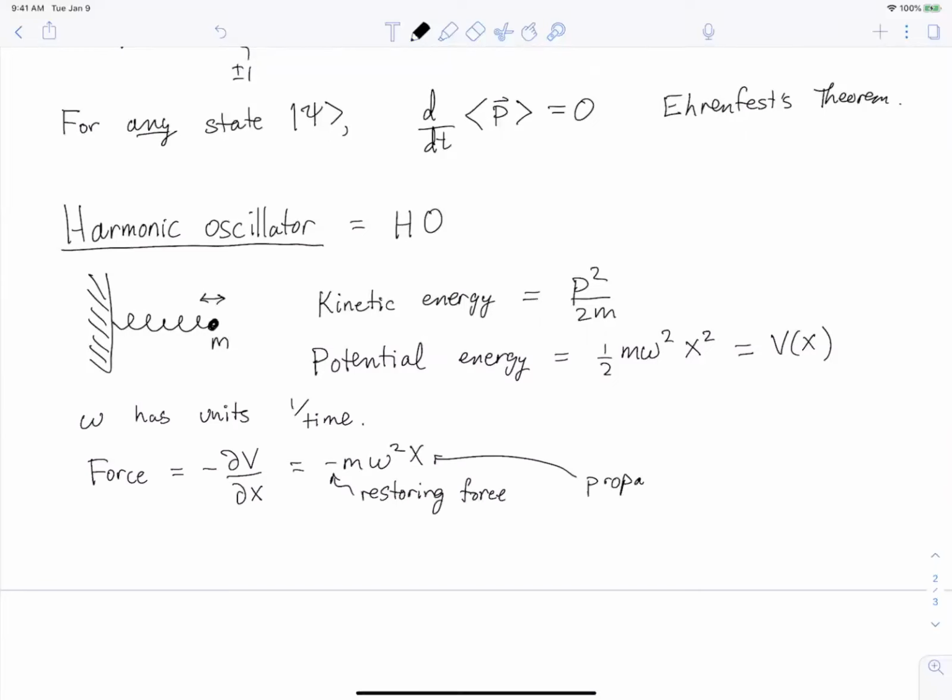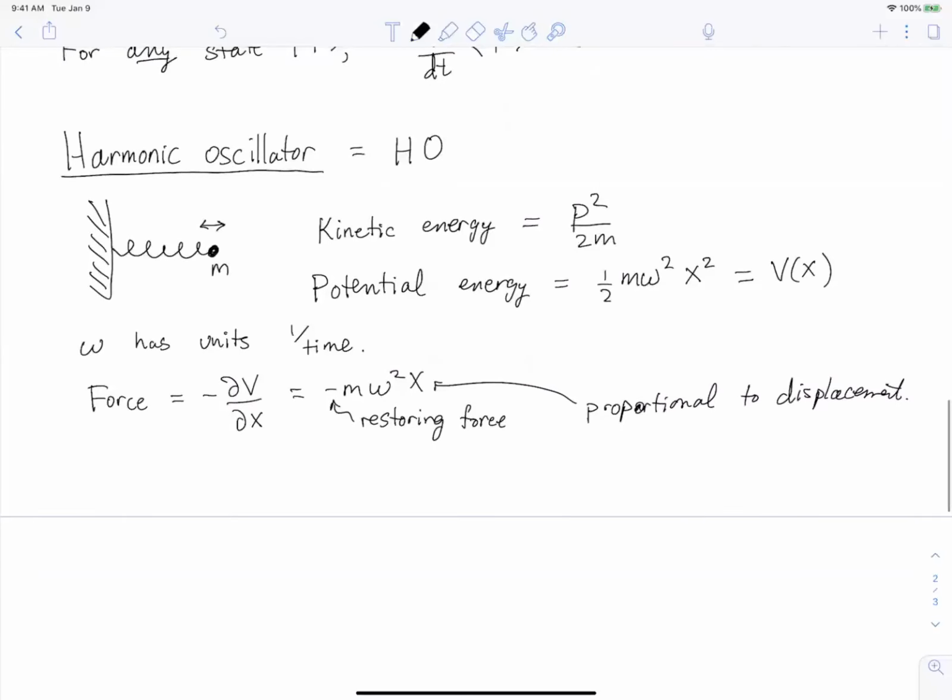These are the hallmarks of a harmonic oscillator. We can also write this as minus k times x, where we've defined omega in terms of k and the mass. So omega is defined to be the square root of k over m.